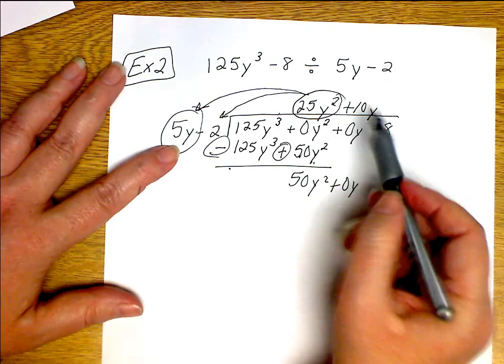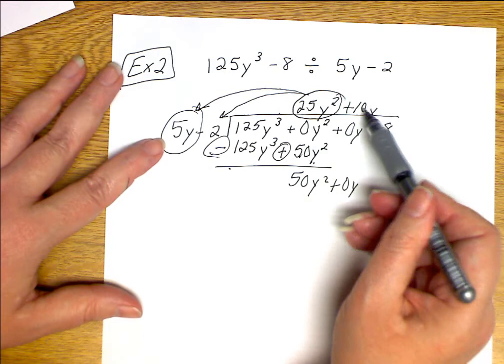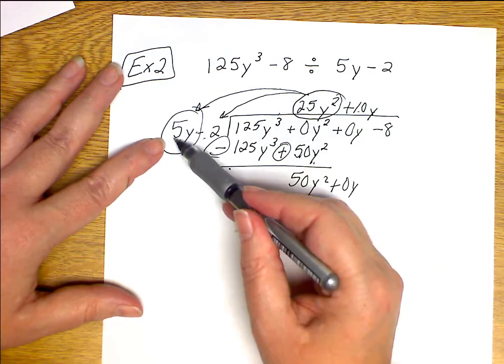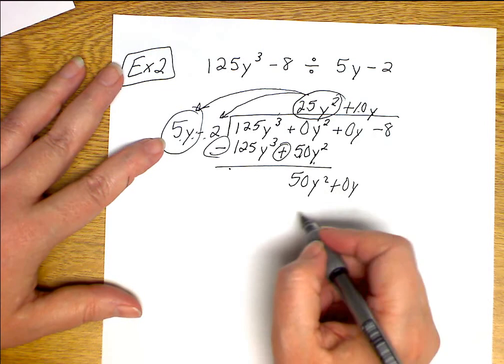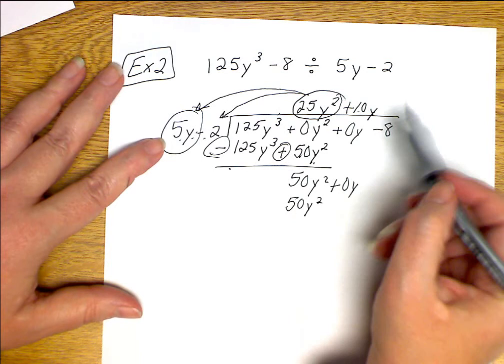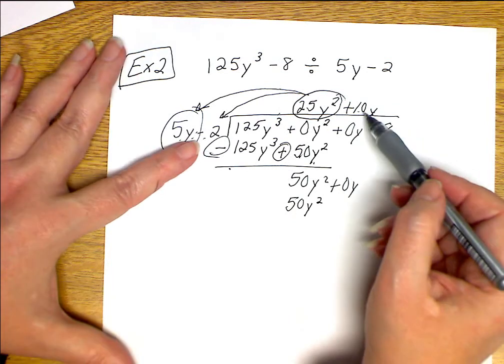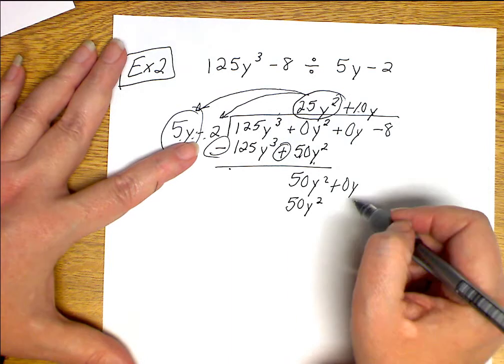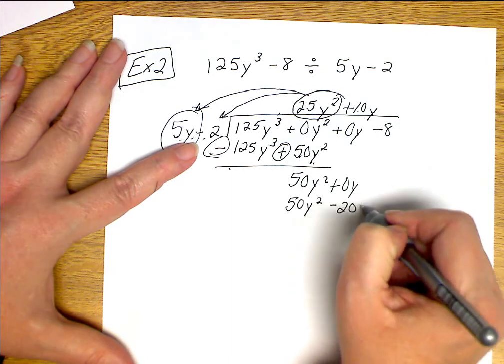Because now this one has to be multiplied by both things. So 10y times 5y is 50y squared. 10y times negative 2 is negative 20y.